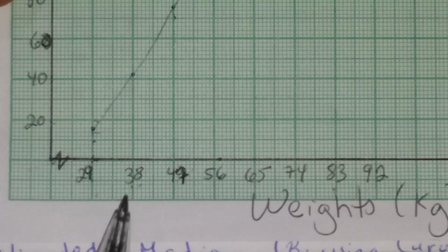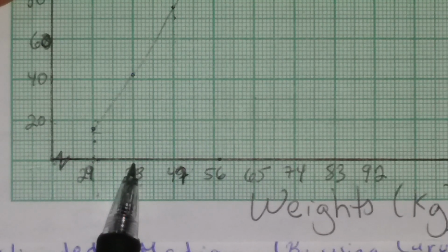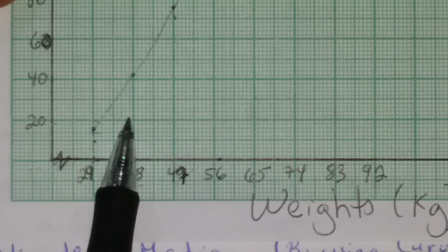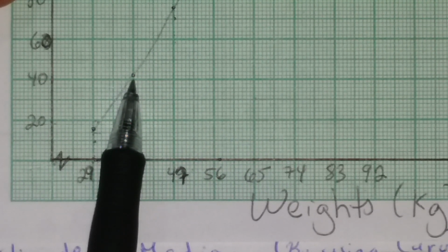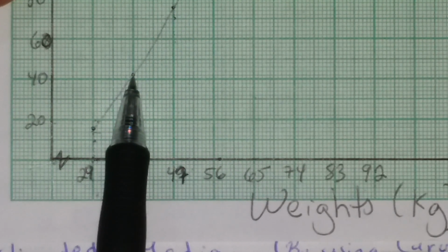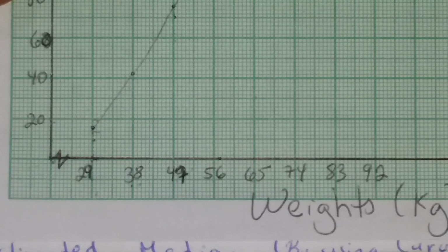And then 38 went up to 42. So at 38, I went 20, 40, and then since each line is 2, 42, I just counted one more line, and that was 42. And that is what I did for the rest.